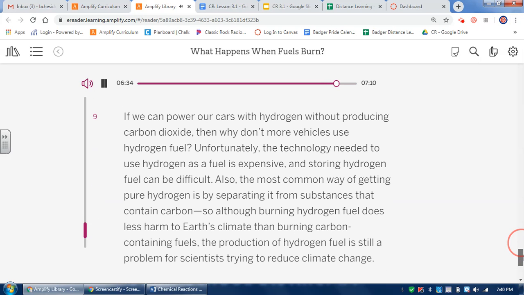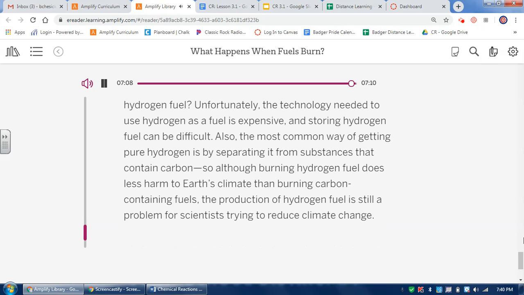If we can power our cars with hydrogen without producing carbon dioxide, then why don't more vehicles use hydrogen fuel? Unfortunately, the technology needed to use hydrogen as a fuel is expensive, and storing hydrogen fuel can be difficult. Also, the most common way of getting pure hydrogen is by separating it from substances that contain carbon. So although burning hydrogen fuel does less harm to Earth's climate than burning carbon-containing fuels, the production of hydrogen fuel is still a problem for scientists trying to reduce climate change.